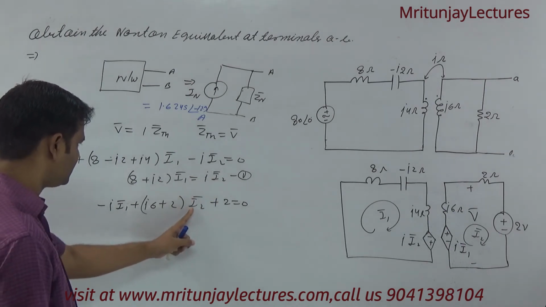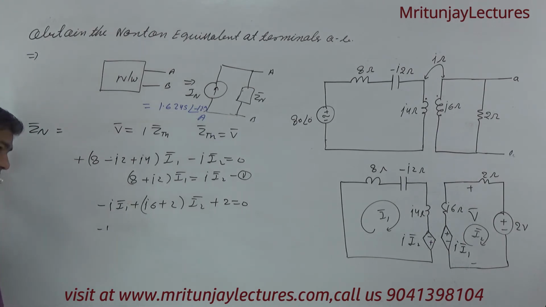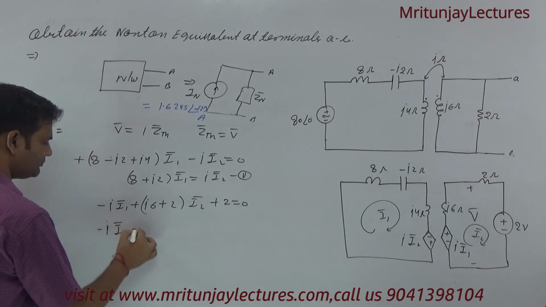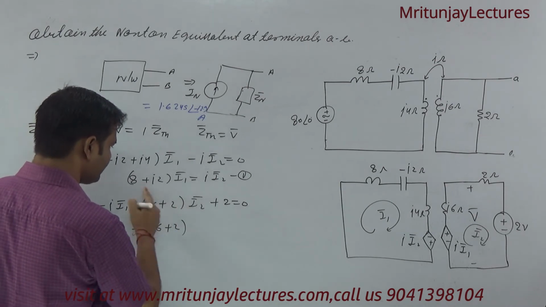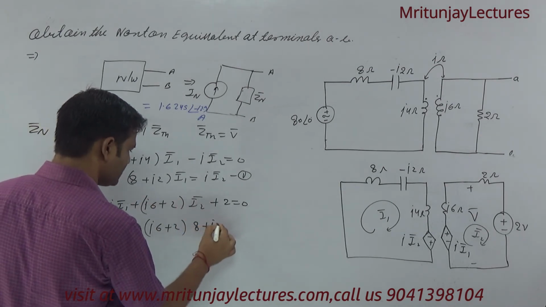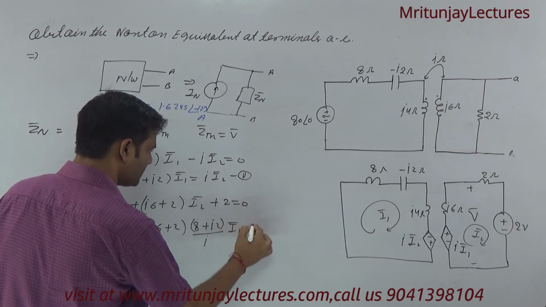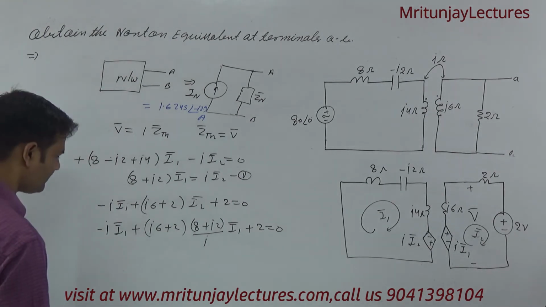Our motto is to determine I2. So J I1 plus J 6 plus 2, I2 is 8 plus J2 divided by J into I1 plus 2, this will be equal to 0.